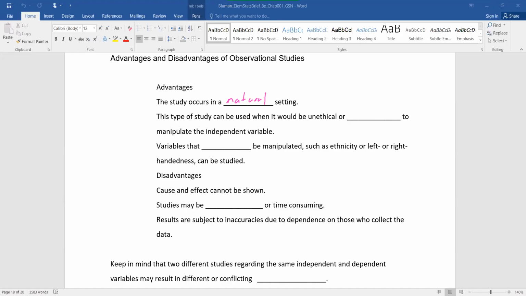This type of study can be used when it would be unethical or dangerous to manipulate the independent variable. So if I wanted to find out something about your blood pressure, and I wanted to raise it, that could be a little dangerous to see if it has anything to do with your competitive side, because then I could put you in cardiac arrest and now I've killed you.